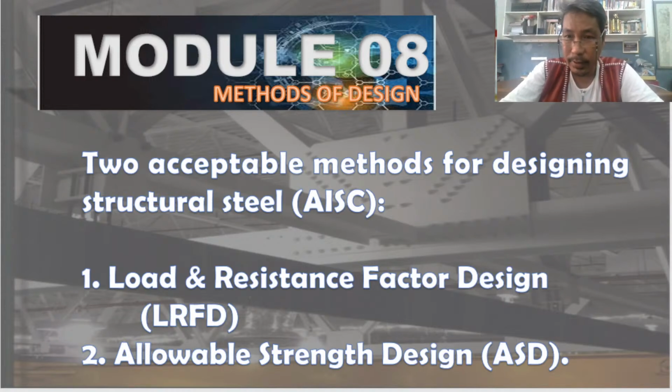I do not have the latest one, maybe 2019 or 2020 or 2021, 2022. My latest copy was a free one, so I have 2016. So there are two. Number one, LRFD, load and resistance factor design. And number two, allowable stress design.